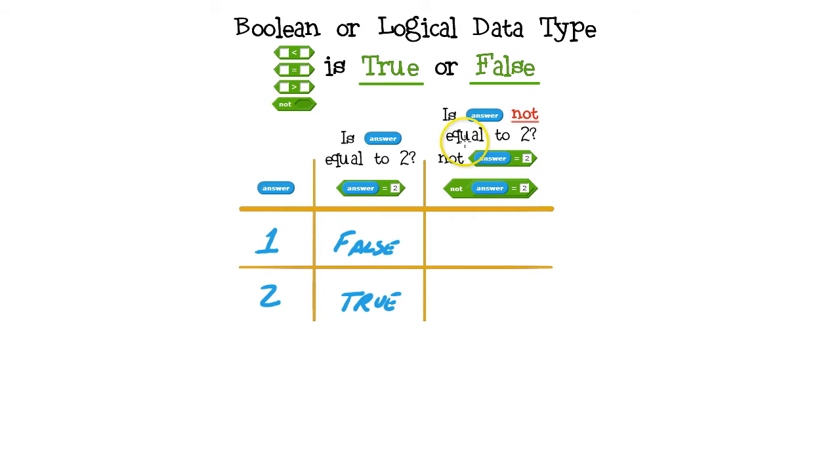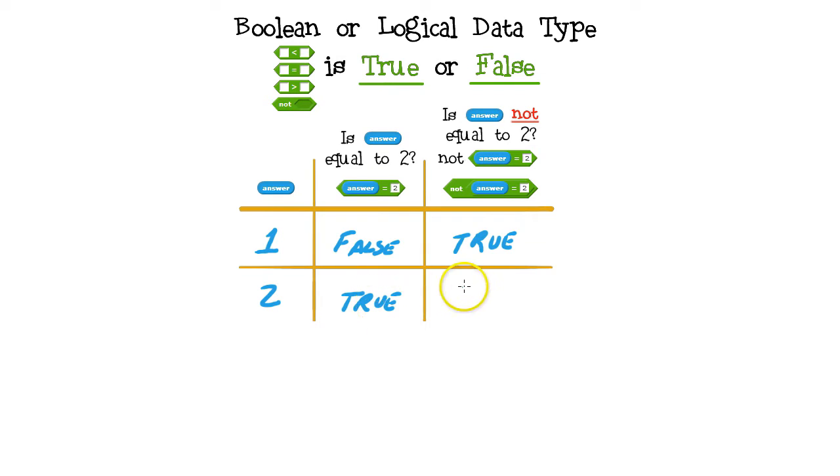Is answer not equal to 2? This is not answer equals 2. Not answer equals 2. So this is not false, which is true. Not answer equals 2.